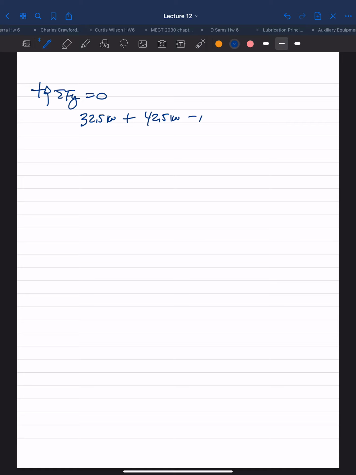Minus your last unknown member, FDC, and the slope triangle being 3/5 for our y component of FDC. Set that equal to 0. You get FDC is 125 kilonewtons in compression.